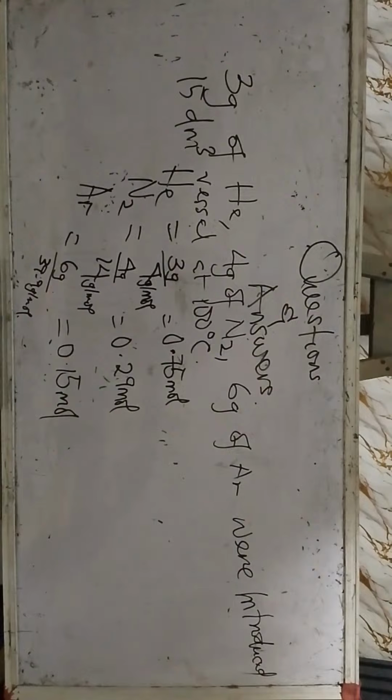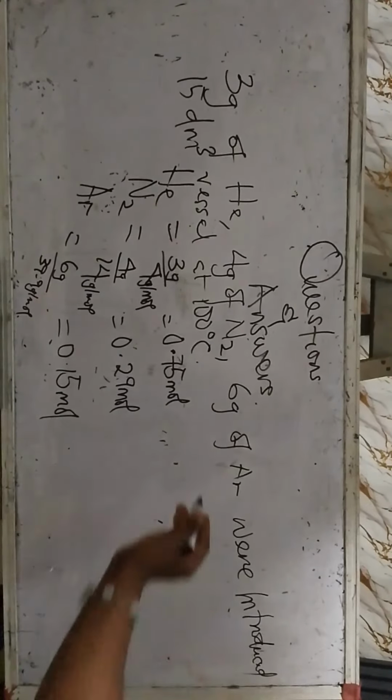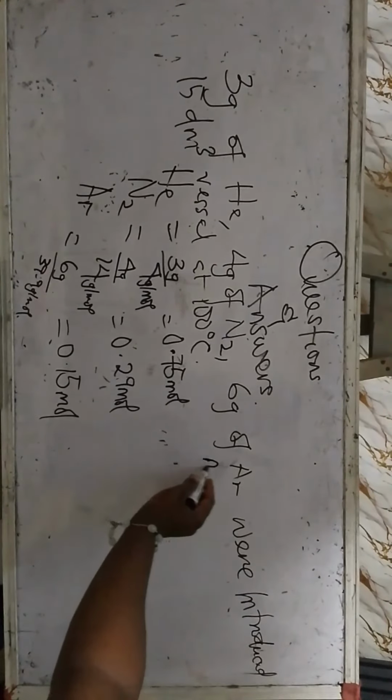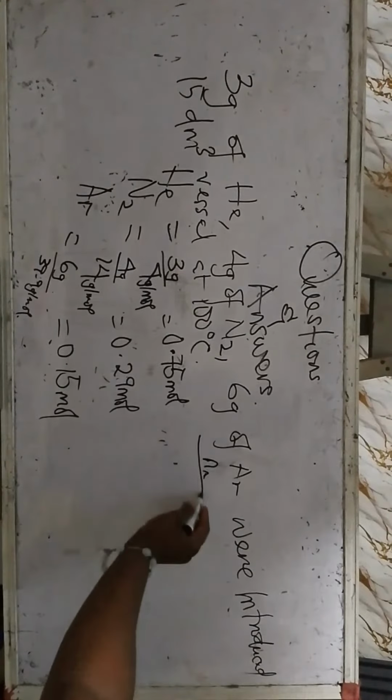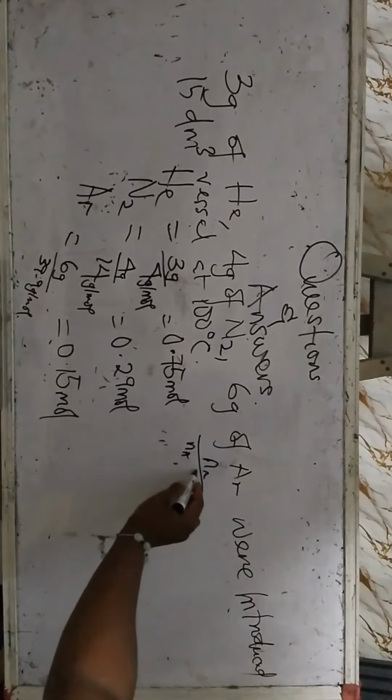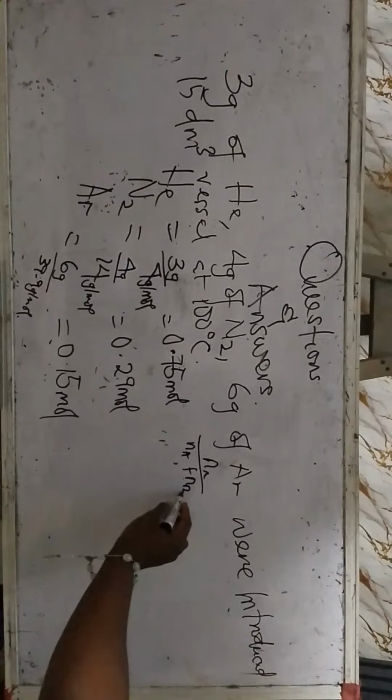How do you calculate the mole fraction for each? You add up all the moles, then use each to divide by the total. That is how you calculate mole fraction for each. Like I always tell you, you do it as Na all over Na plus Nb.